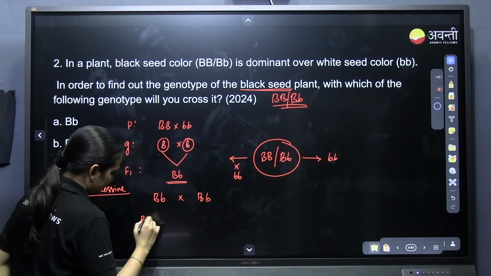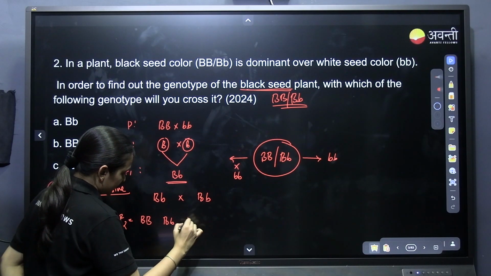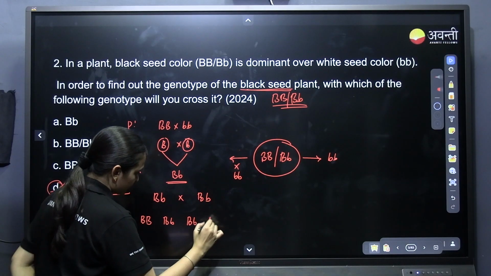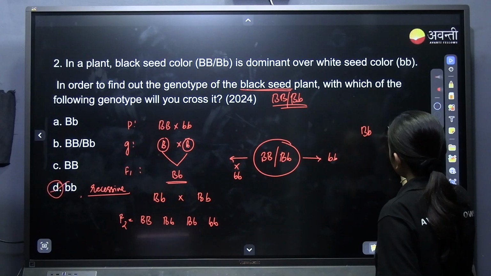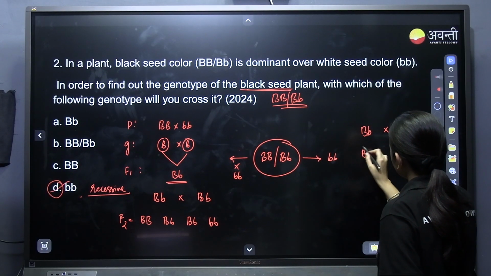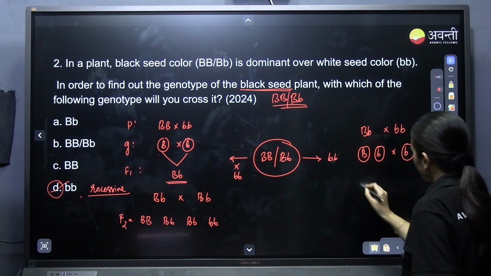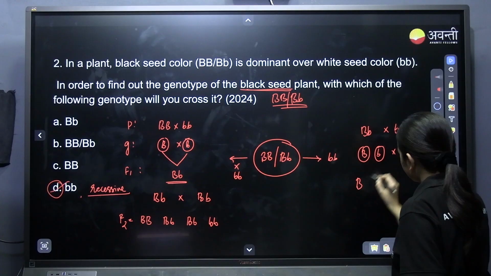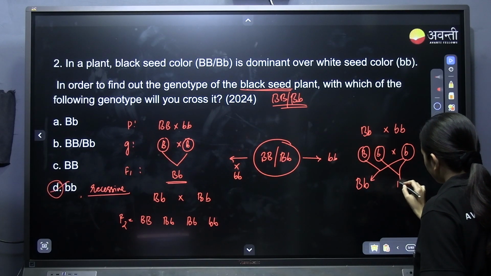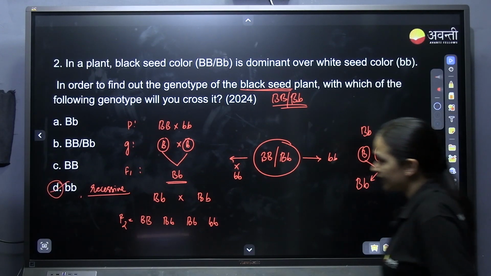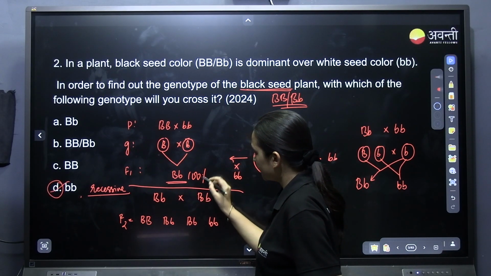You will get capital B capital B in F2, capital B small b, then capital B small b. If it is this one, you will get capital B small b, small b small b.